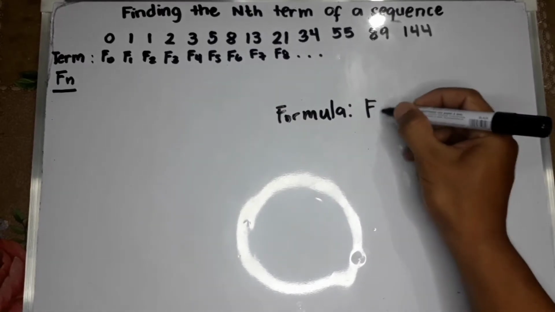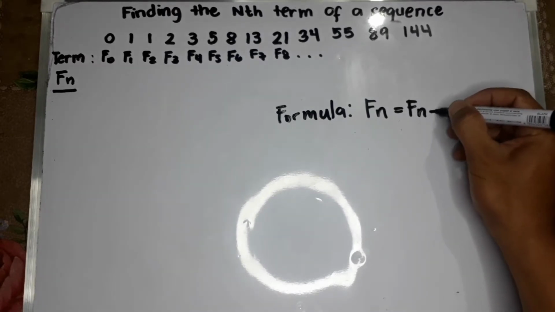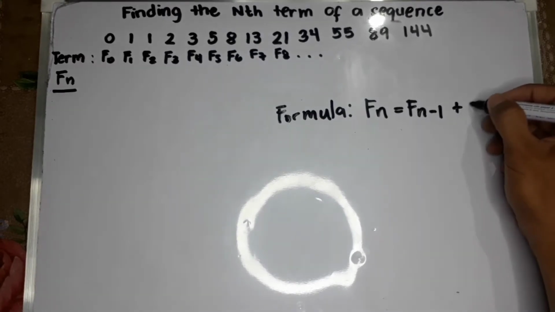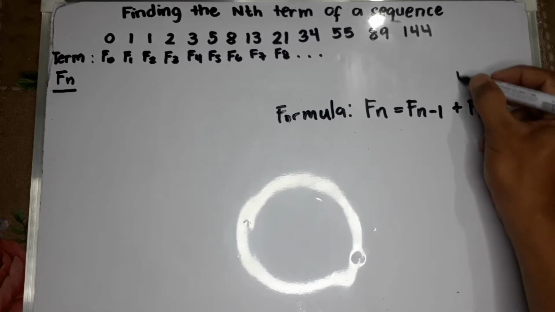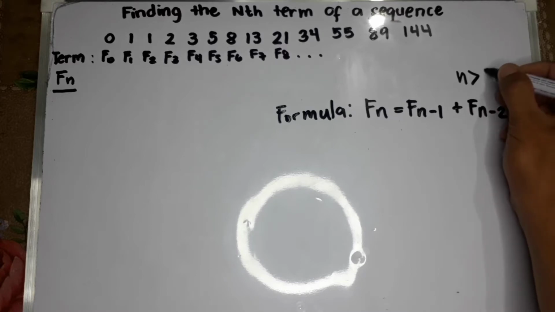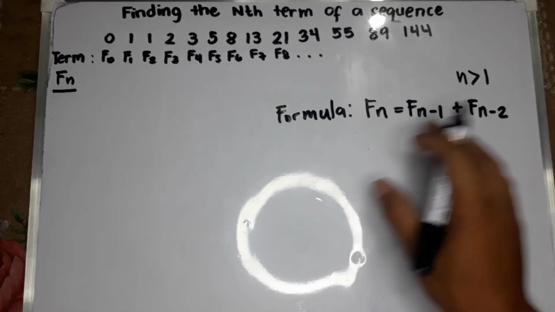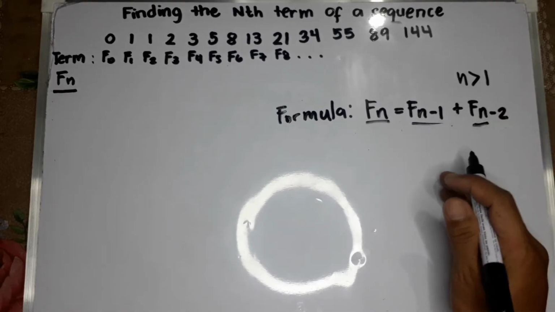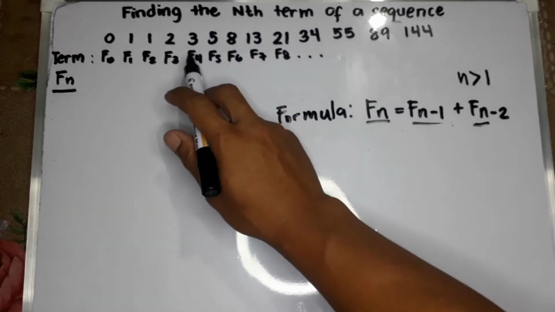So we have Fn equals f sub n minus 1 plus f sub n minus 2, where n is greater than 1. Now, we are going to use this formula to check if these are correct. So for example, we have 3.